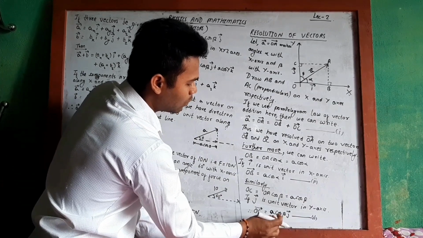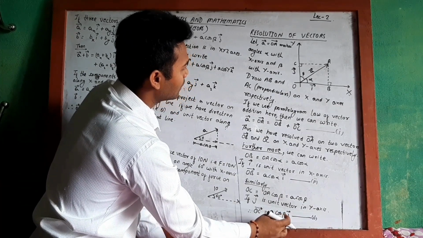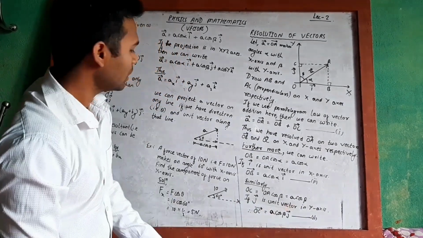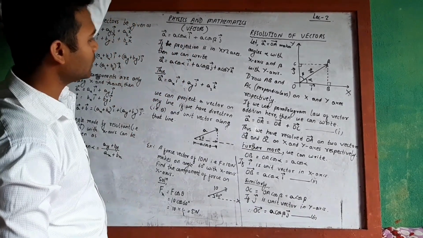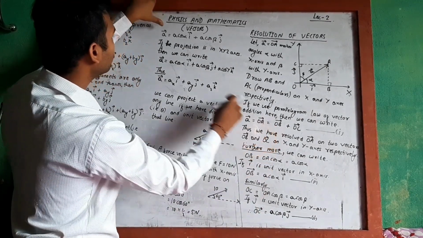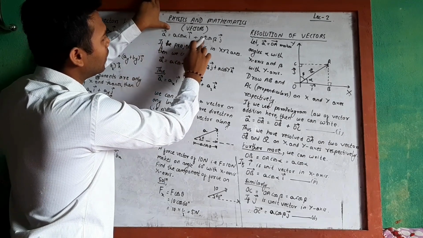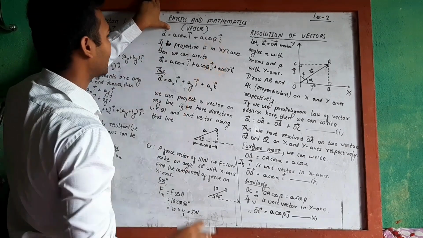That gives the OC vector equal to a cos beta times j vector. Thus, if we put the OB vector and OC vector here, we get a vector is equal to a cos alpha i vector plus a cos beta j vector.